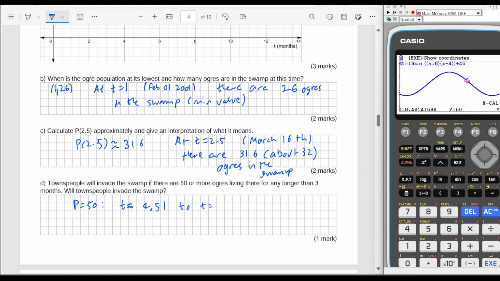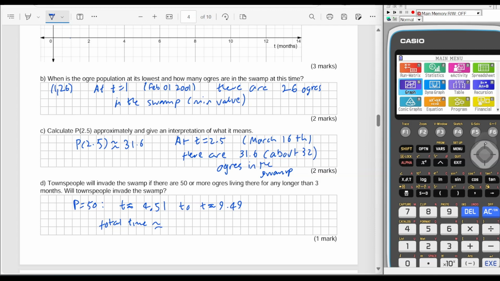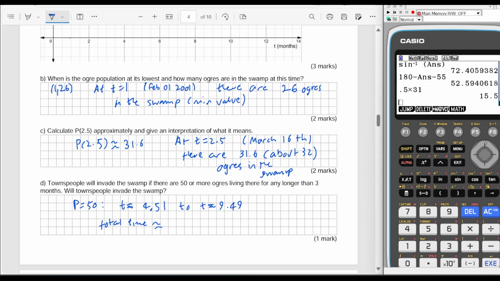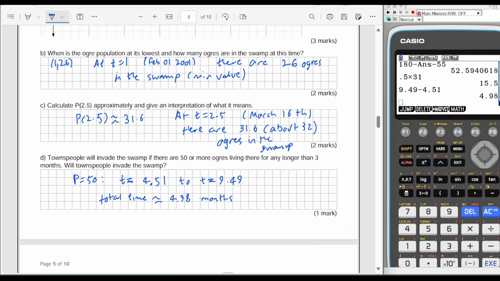And if you hit the right arrow, you'll get the next one, 9.49. So the total time approximately equals, and now let's go into run matrix. So you have 9.49 take away 4.51, so 4.98 months. So yes, that's longer than 3 months. So yes, they will invade the swamp. Poor Shrek.